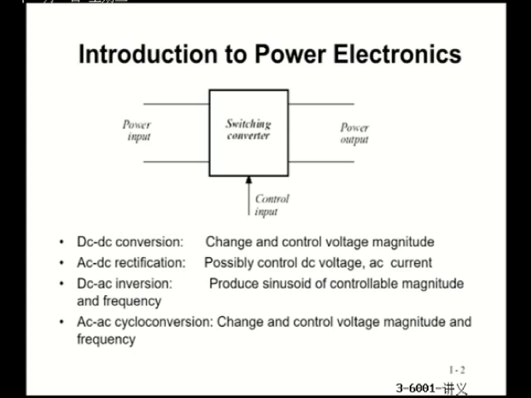Because we're talking about electronics, so it must be some kind of electronics. The reason why I didn't include using semiconductor devices is that theoretically, the conversion and control of electric power could be implemented not based on semiconductor devices, but by other types of electronic devices. So the simple definition is power electronics is the electronics applied to the conversion and control of electric power.